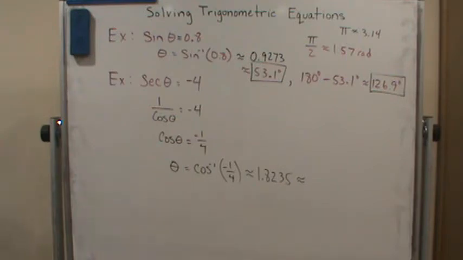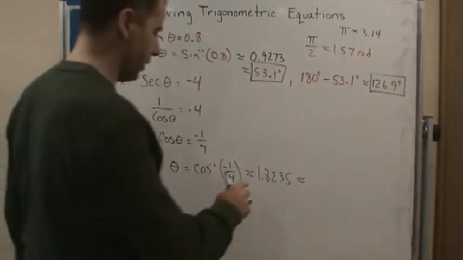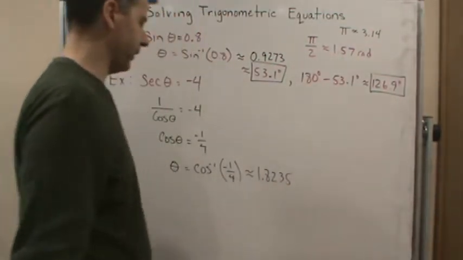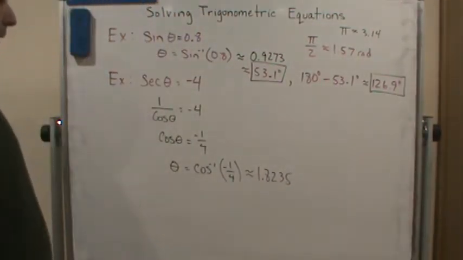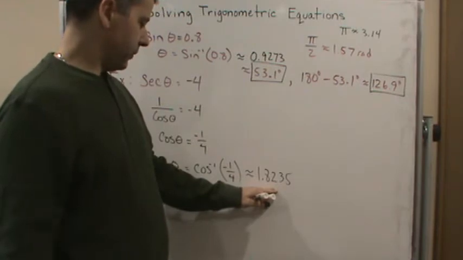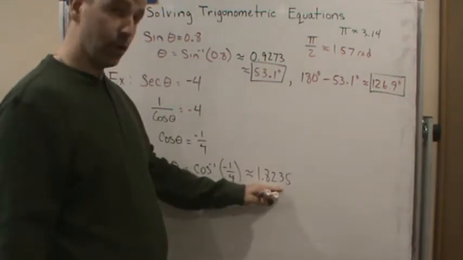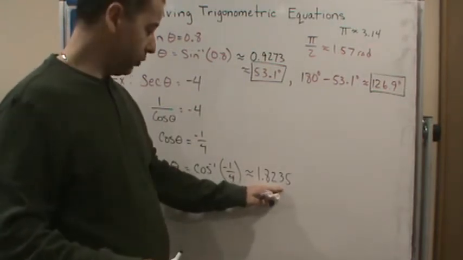They want us to do it in radians. Okay, so they want us to leave it in radians. Okay, so now, guess what? This is radians, right? So we know this is in the second quadrant, so now all we have to do is get the one in the third quadrant.